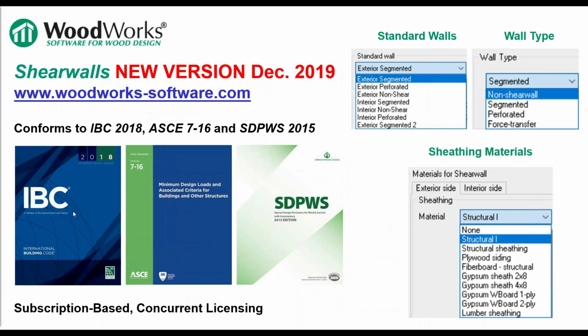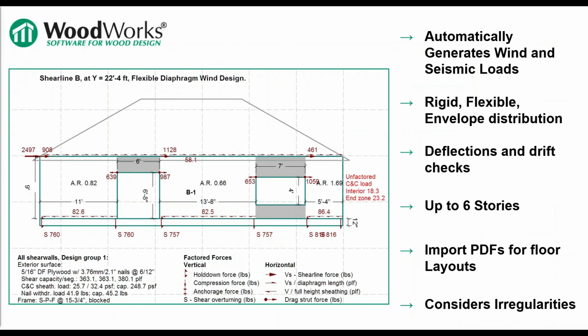But I wanted to mention this because it is not included in your handout, and it's just another resource that some of you may not be aware of, which is the WoodWorks software by our Canadian partners, the Canadian Wood Council.